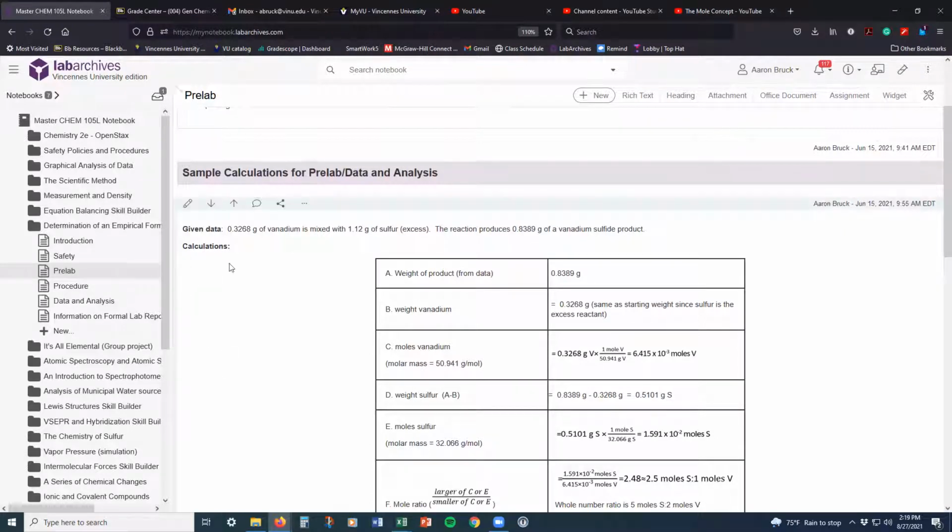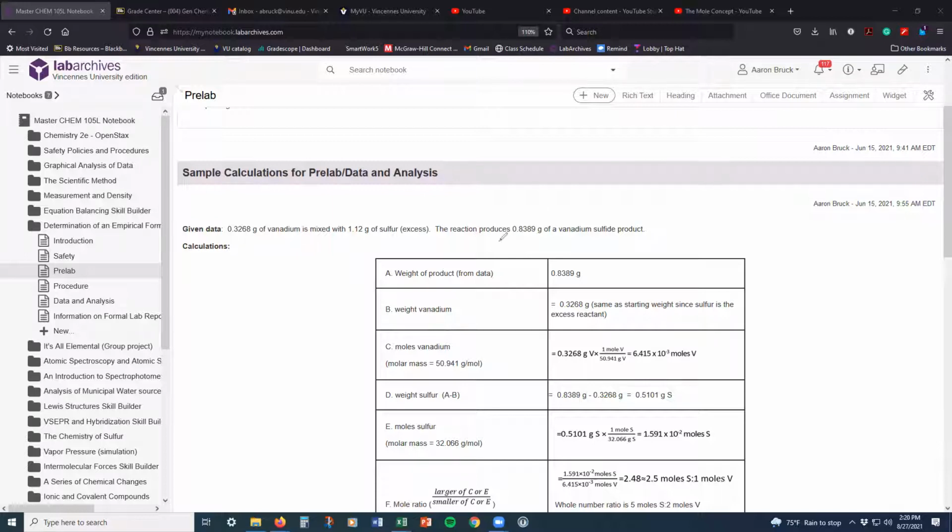We've given you a sample calculation to show you what you need to do in this upcoming pre-lab. We're told that 0.3268 grams of vanadium is mixed with 1.12 grams of sulfur, and the sulfur is in excess, meaning there's way more sulfur present than what can react with the vanadium.